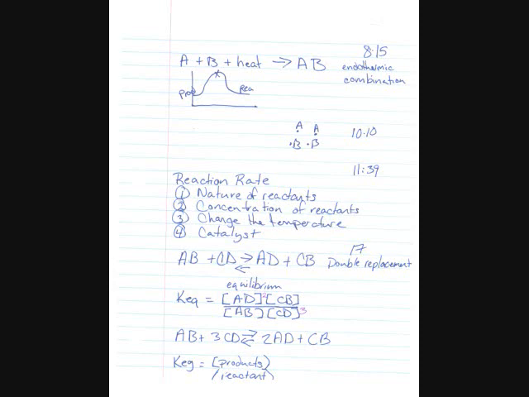You had maybe AB plus CD yields AD and CB. Double replacement reaction. And we're looking at the arrow, and everything we've seen so far, the yields arrow goes that way.